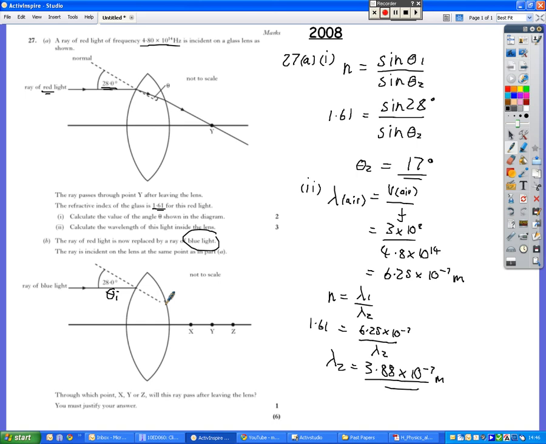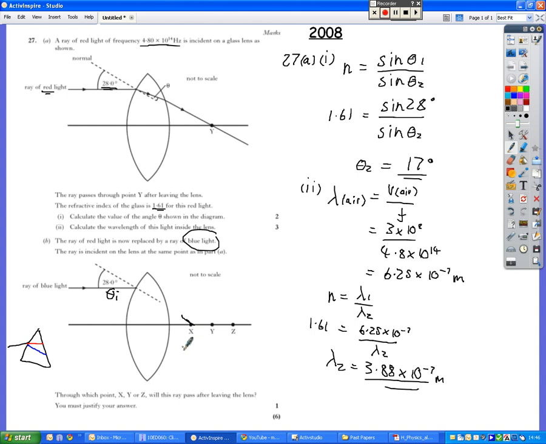Well, this is when you've got to think about the prism and how white light comes into the prism. Red light refracts not so much. Blue light refracts a good bit more. So blue light refracts a lot more, so it's going to come out at a point that's sharper than the previous one. It's going to come through point X here.